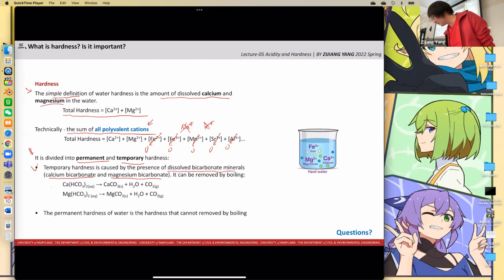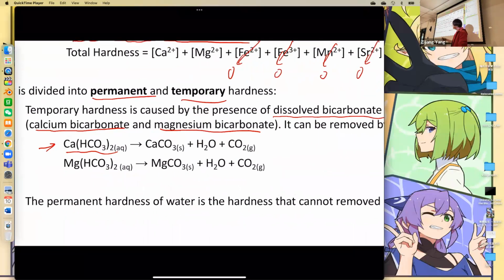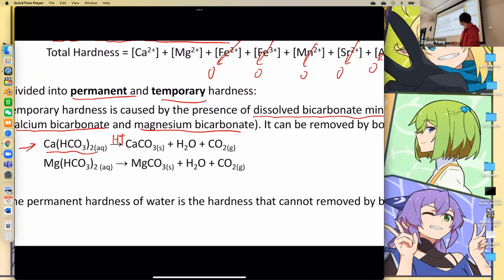And here shows the equation. We can see that we have this calcium bicarbonate, and that is dissolved in the water. And under heat, it will be decomposed into calcium carbonate, which is a precipitate, and H2O and CO2. And we also know that under very hot temperature, CO2 is a gas, so it will escape.